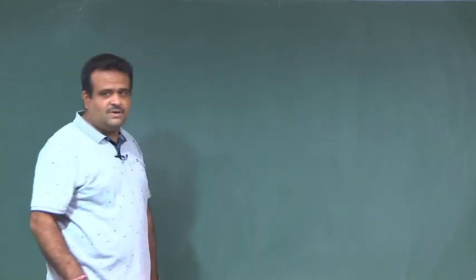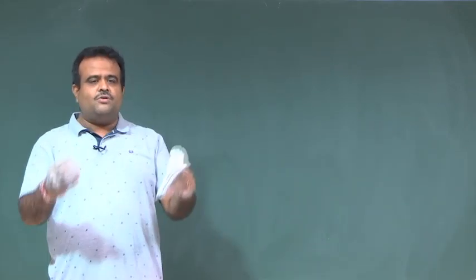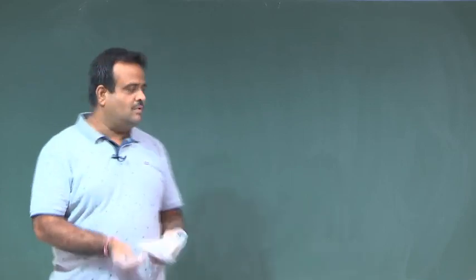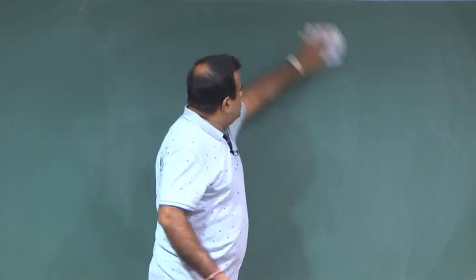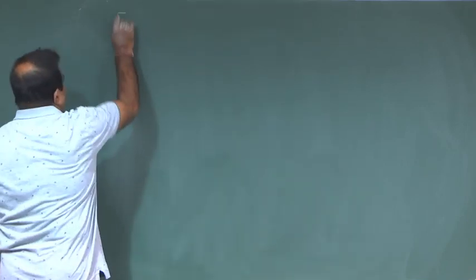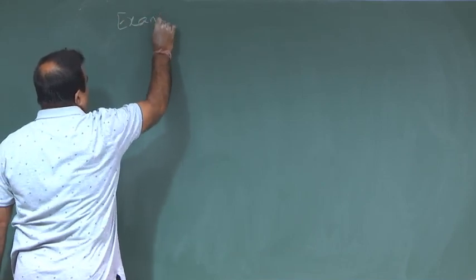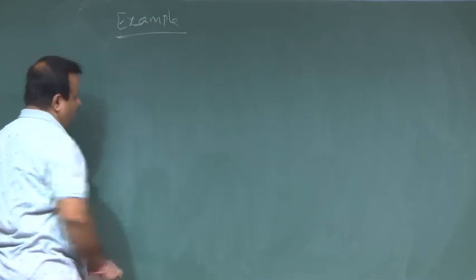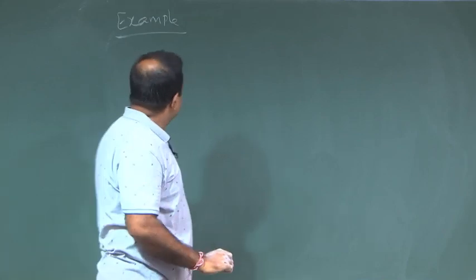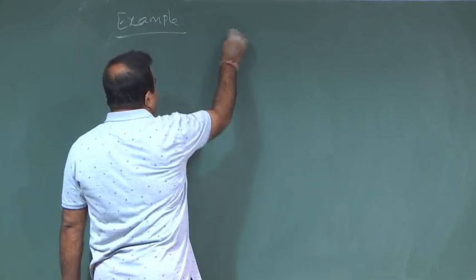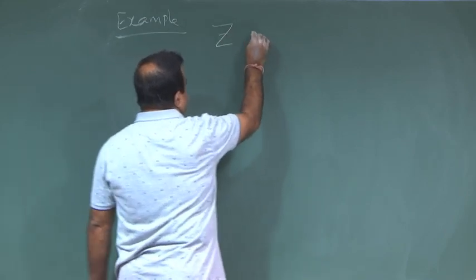Okay, so that will basically lead us to define Zn. This is an example of such a partition. So, let us take the set Z, the set of all integers.